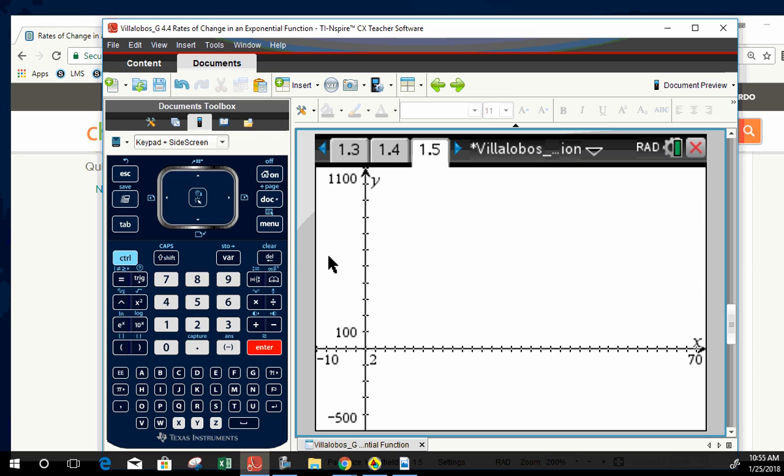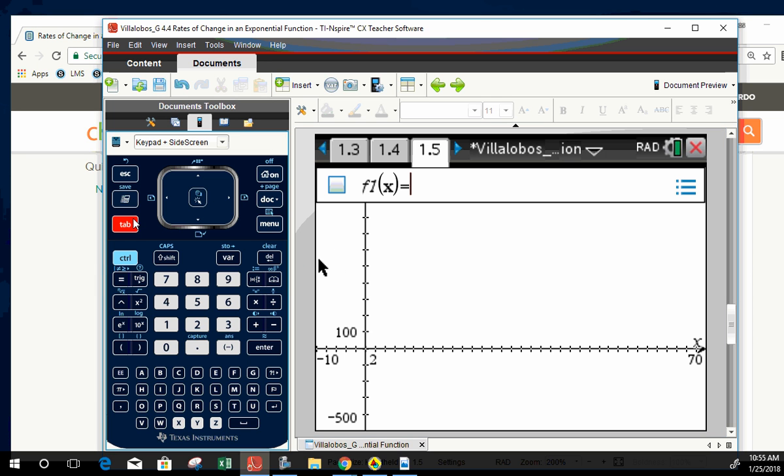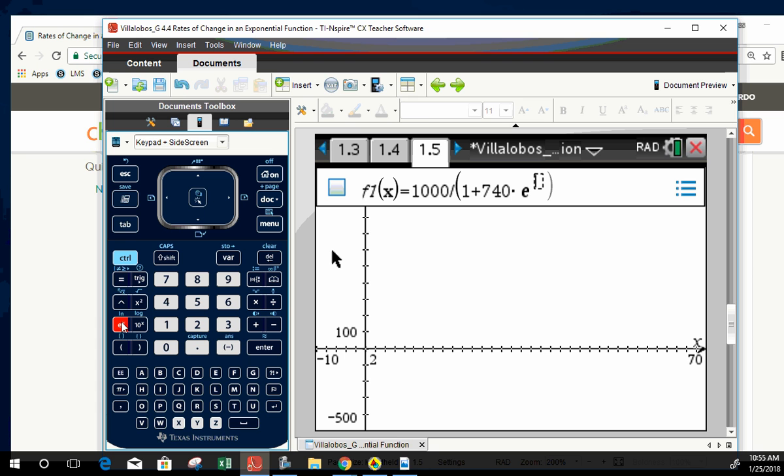700. So let's press tab, and we were going to say that was going to be 1,000 divided by parentheses 1 plus 740 times e to the x to the negative the growth rate 0.20, 20%.